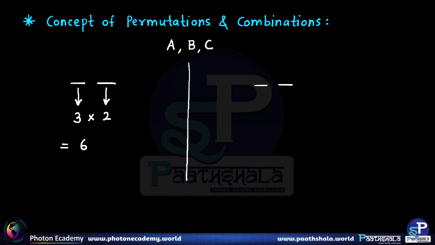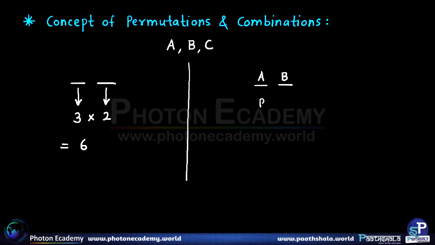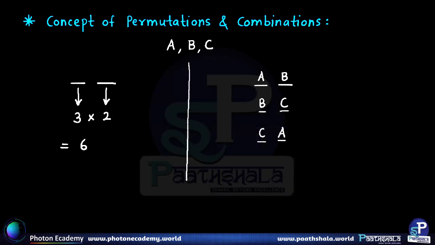So one of the teams could be A and B, another team would be B and C, and the last team would be C and A, because the team of B and A is the same as the team of A and B, as there is no order in listing down the team members.